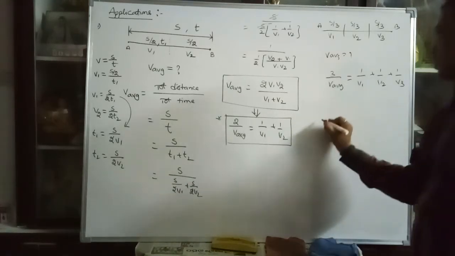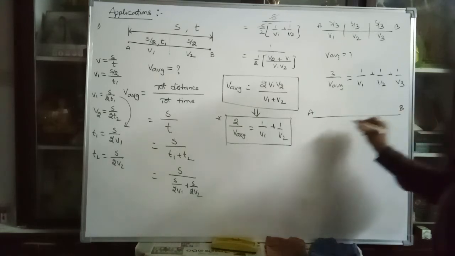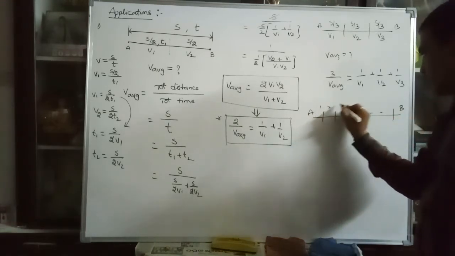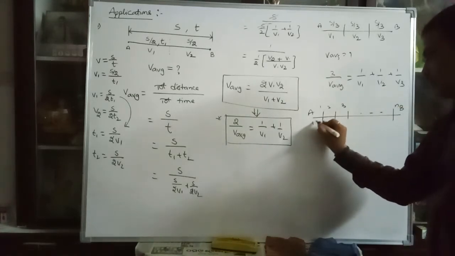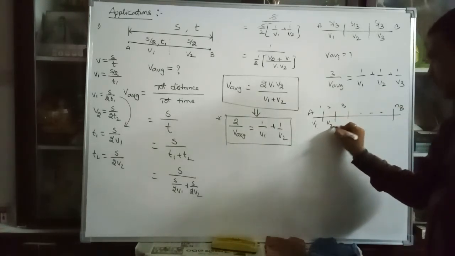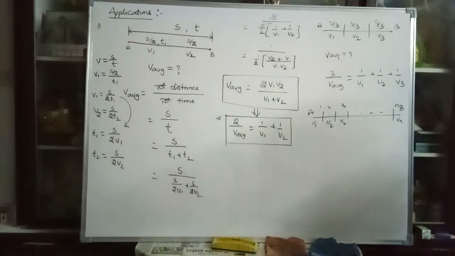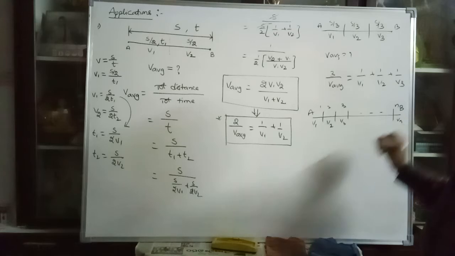In a similar fashion, the total distance from A to B is divided into n equal parts like this. First part, second part, third part, and the last nth part. First part covered with the speed v1, next v2, v3, last vn. What is the average speed of the particle? In a similar way, how many parts are there? N parts.